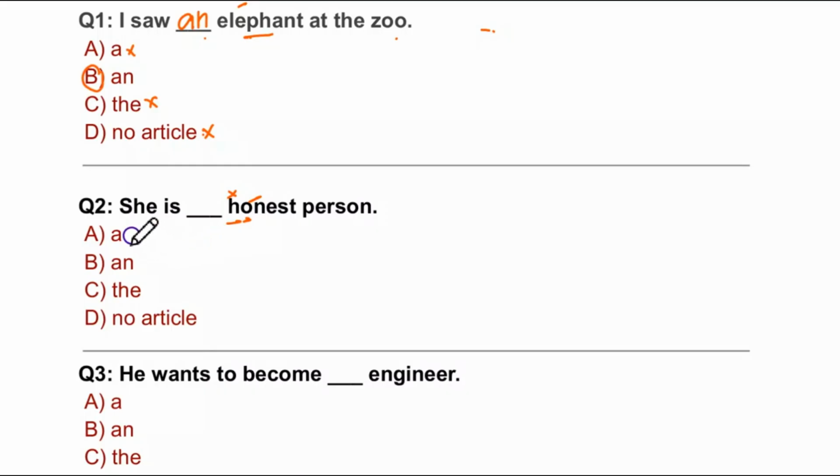So the correct answer is not A, not the, and not no article. The correct answer is an. She is an honest person, because H is silent and we are pronouncing O.